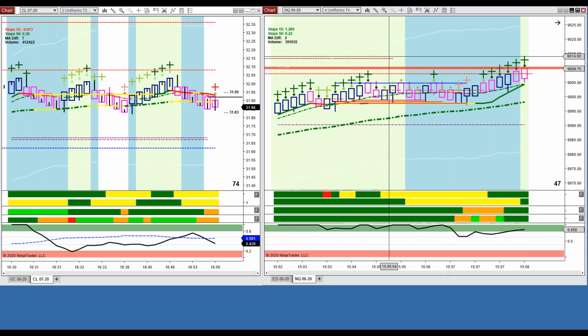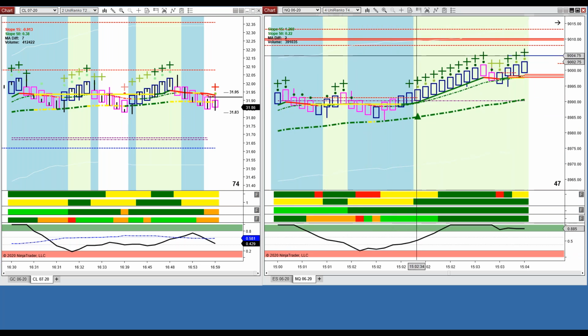My God almighty, here it is, and that's a beaut. I mean, that's a really nice trade. Now, maximum excursion, 34 ticks. If I do any more, you're going to die of boredom. So let's go over to crude, okay?